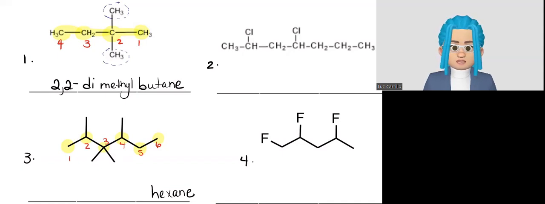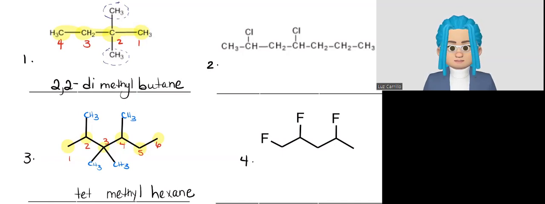Since I see that there's only a line connecting to my parent chain, that means that these are CH3 groups. CH3 as a substituent is called a methyl group. Since I have 4 of them, I'm going to put the prefix tetra.